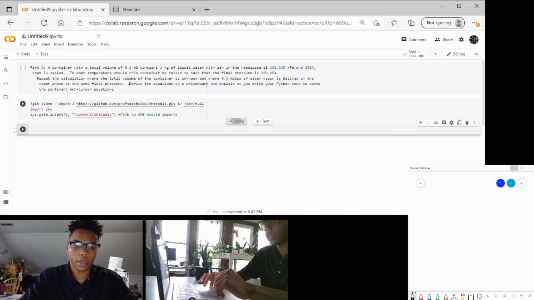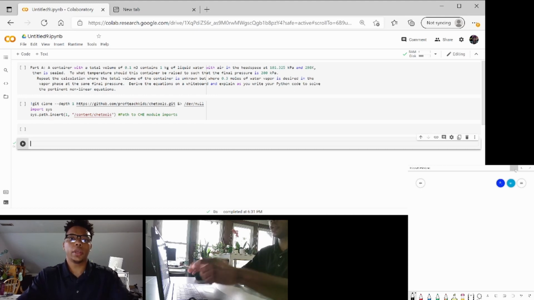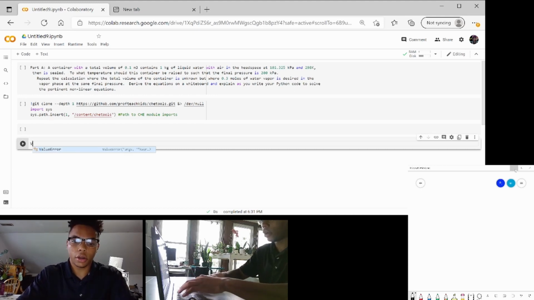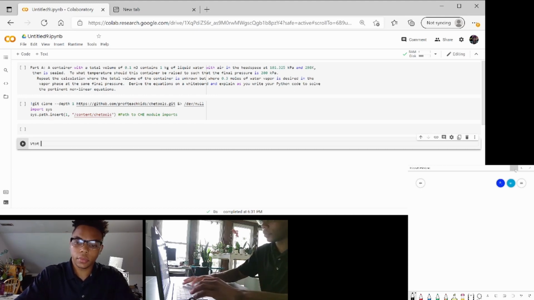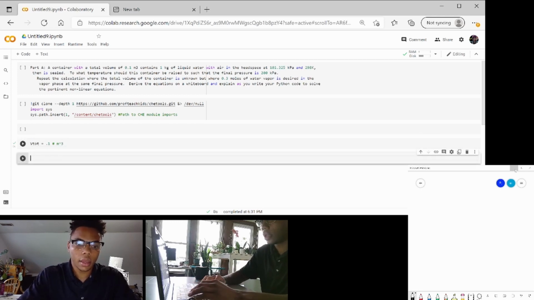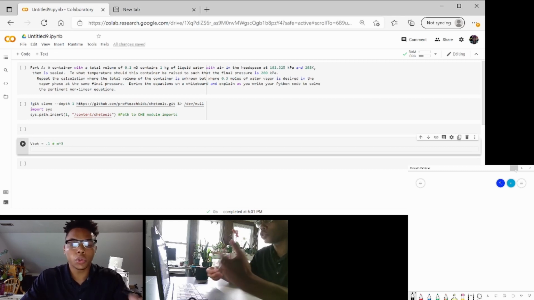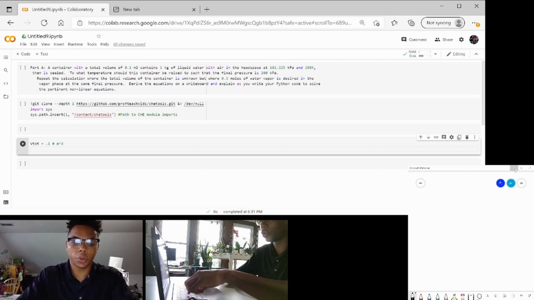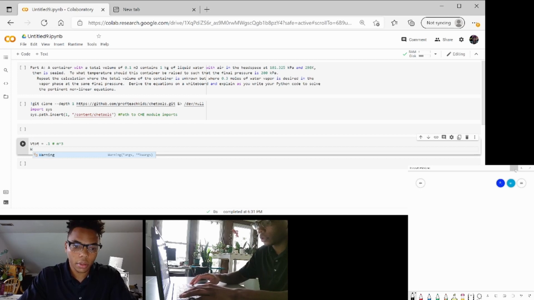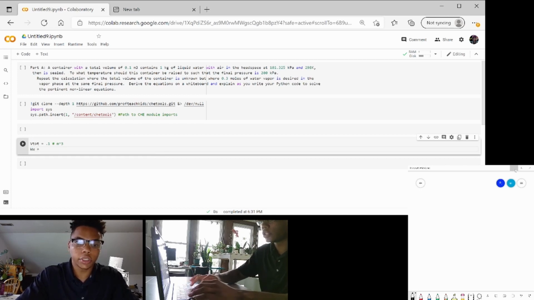So let me add a code cell right here. We have our total volume, which is equal to 0.1. Then we have the weight of our water, and that is equal to 1 kilogram.